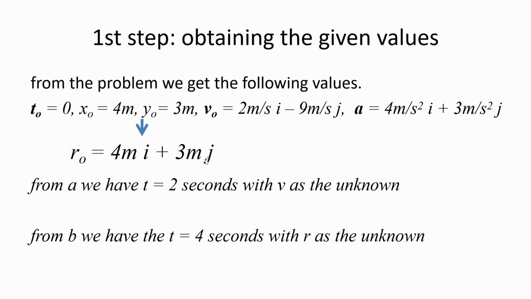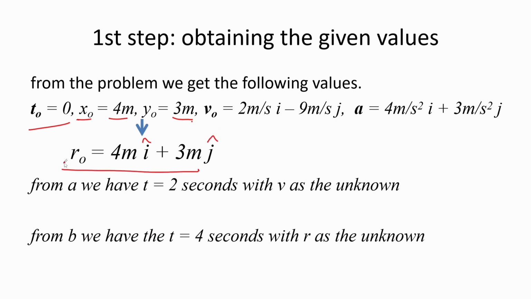Okay, let's go. From the problem, we get the following values. At t naught, the starting point is 0, and we are given the position x naught and y naught: 4 meters and 3 meters respectively. But we can convert this into vector form. So r naught is equal to 4 meters i hat along the x-axis plus 3 meters j hat along the y-axis.